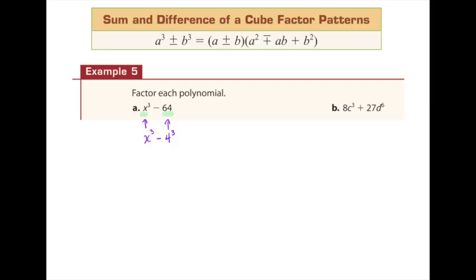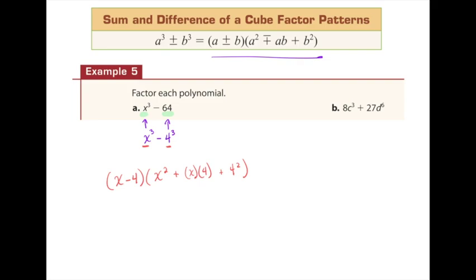And then we are going to factor it according to this formula. If this is my a and this is my b, I'm going to start off with x minus 4 in the first group. And in the second group, it's x squared plus x times 4 plus 4 squared.